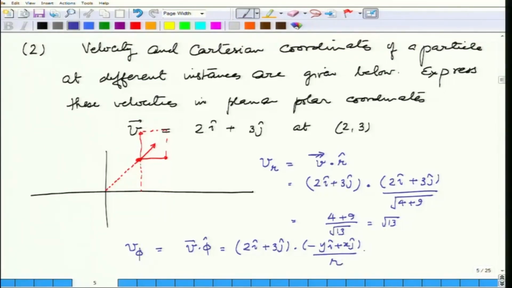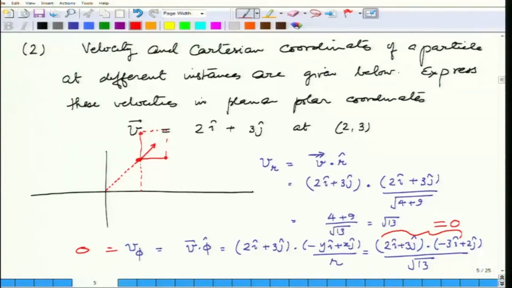Here I can write this as 2i plus 3j dotted with minus 3i plus 2j divided by r, which is the square root of 13. You can already see that this dot product is 0, and therefore v phi comes out to be 0. This is precisely what we suspected earlier.